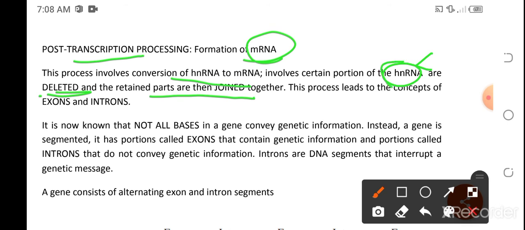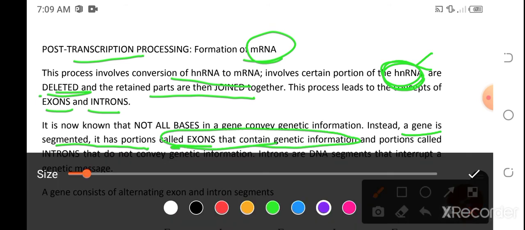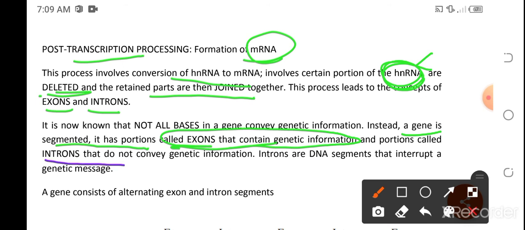Kasi ito nga yun, ang hnRNA being heterogeneous, meron siyang exons and introns. Ano ba itong mga ito? Exons, okay? Exons are segments or portions of the gene, or the gene is segmented and it has portions of exons that contain the genetic information, while other segments known as introns do not convey any genetic information.